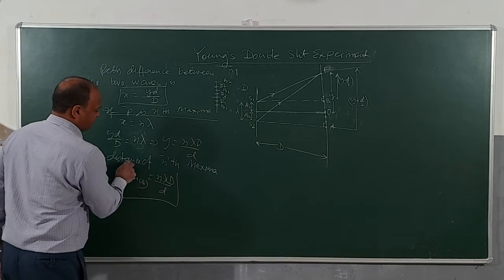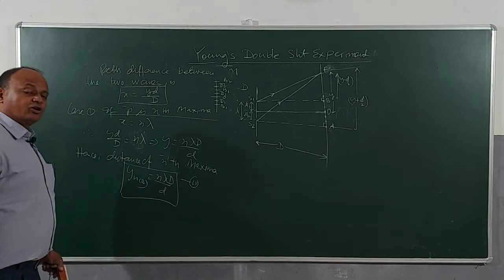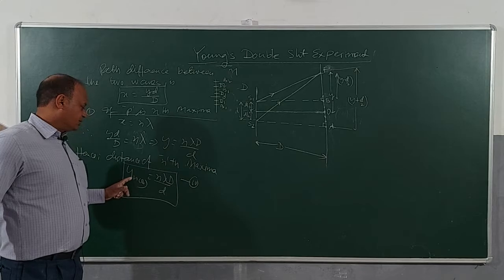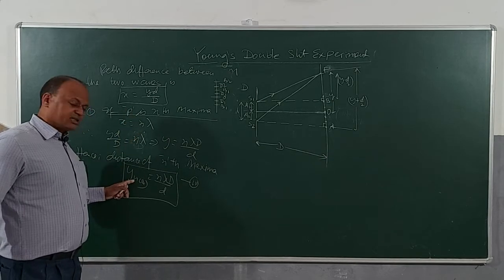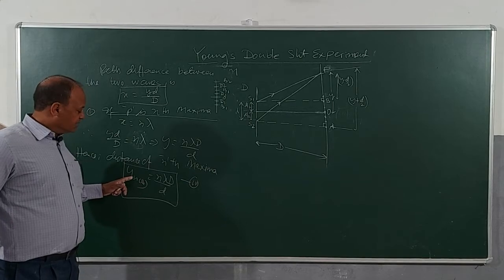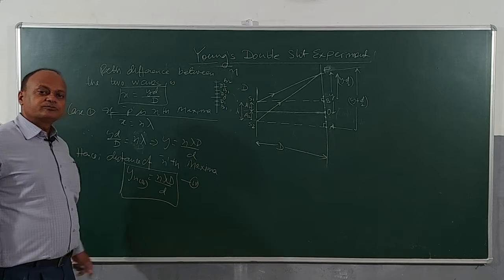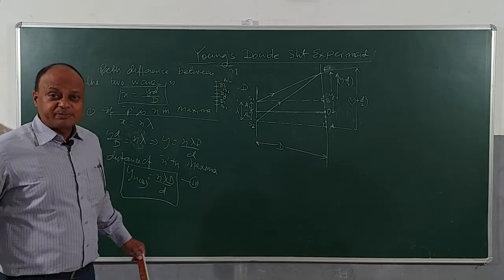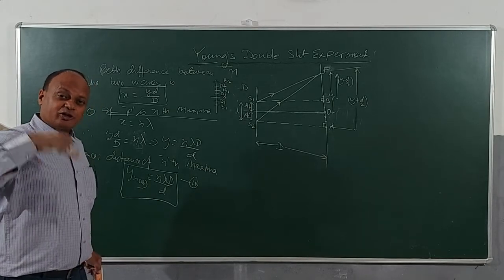Now this is a prized formula. This is probably question 4 that you got. Very important formula. The distance of nth maxima, yn bright. Y means distance along the y axis, n means nth order, b means bright. Distance of nth bright spot will be n lambda D by d. Suppose they ask you, what is the distance of the fifth bright spot or fifth maxima? Understand this, they will not say from central maximum, it is always from central maximum.